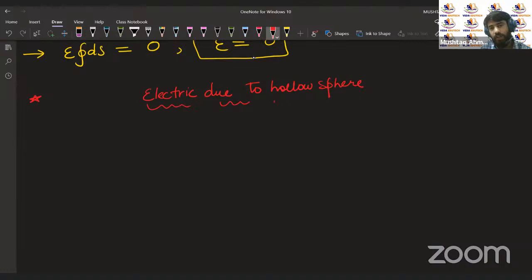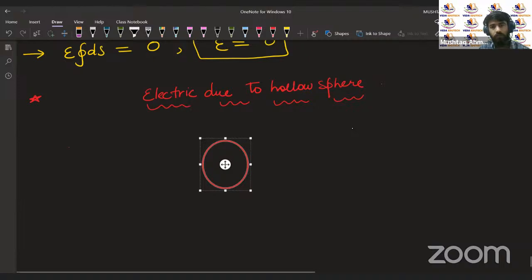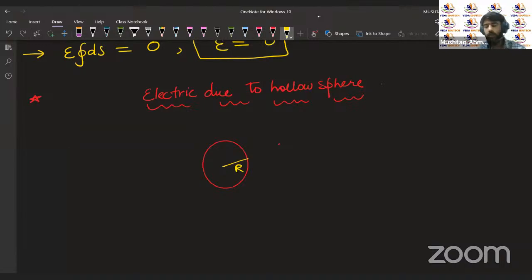We'll try to calculate the electric field due to a hollow sphere inside as well as outside the sphere. Let's suppose that we have a hollow sphere here, and the radius of this hollow sphere is capital R.